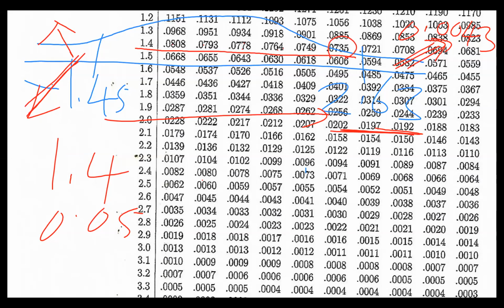So this will be 0.0735. Yes. Plus 0.0043. Then for your answer, subtract it from 1. All right. Are we fine now?